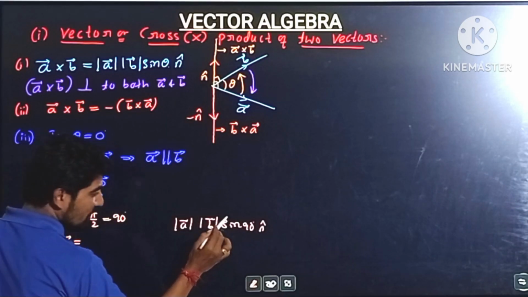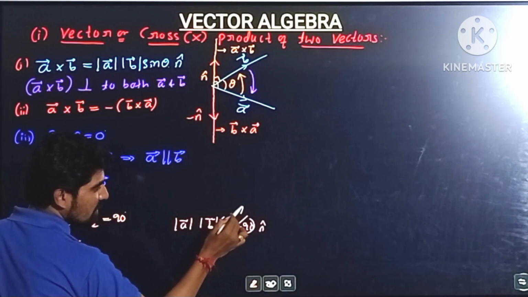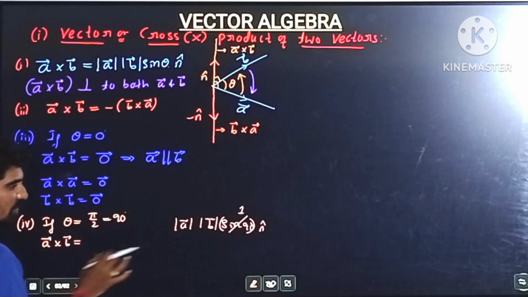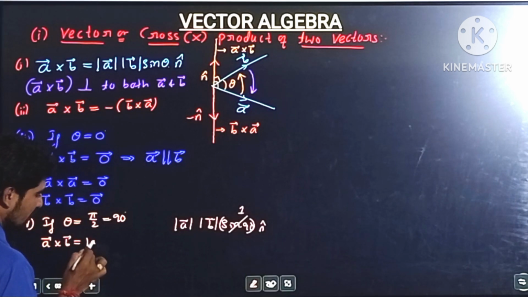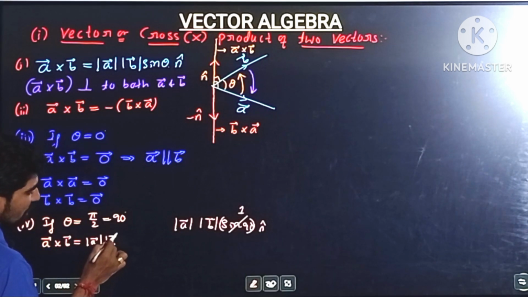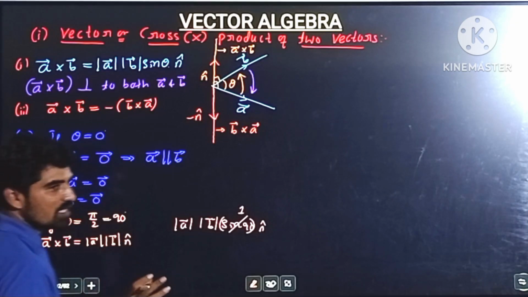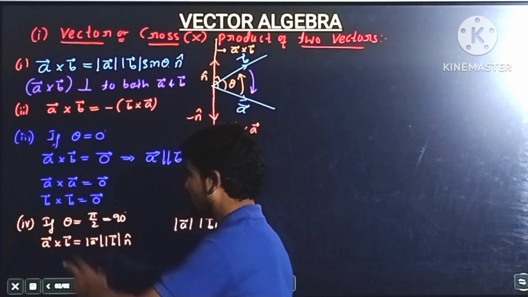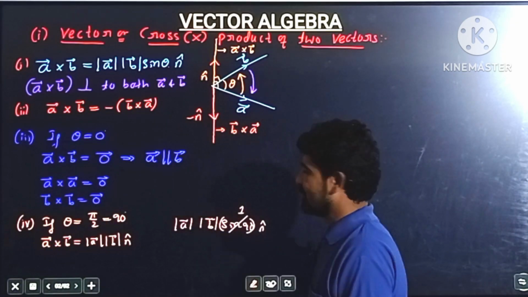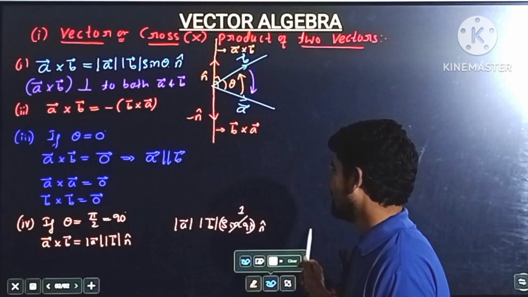The value of sine 90 is 1. So a vector cross b vector is equal to magnitude of a vector into magnitude of b vector into n cap, where n cap is a unit vector perpendicular to both a vector and b vector. I hope all of you are understanding.